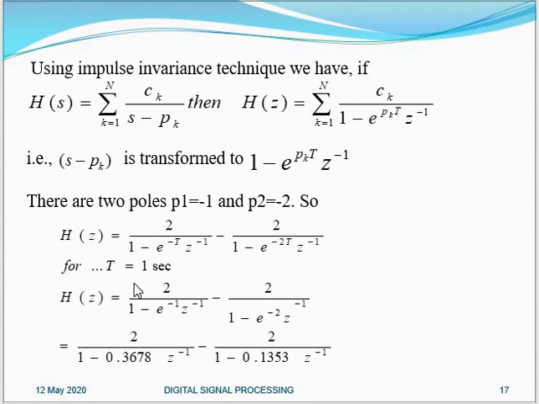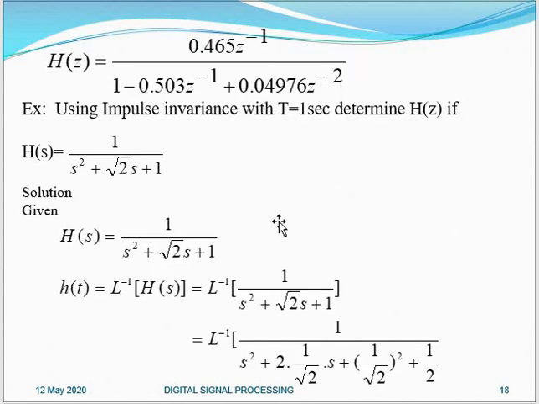For T equals 1 second, these 2's are the ck's. So ck is multiplied with capital T. Capital T is 1, so it will remain as it is. So this will again have 2 by 1 minus e to the power minus 1's value into z to the power minus 1, and e to the power minus 2's value into z to the power minus 1.